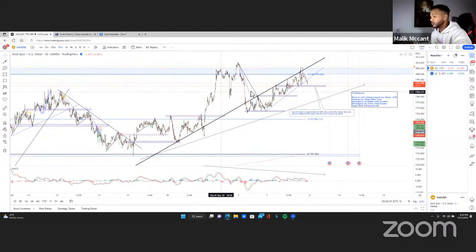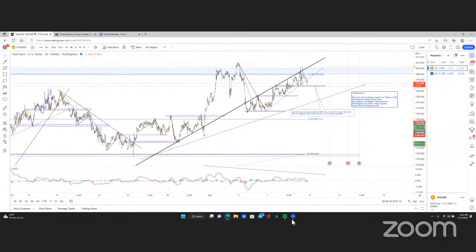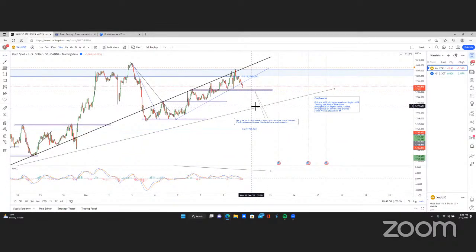Anybody else? I have a question. Go ahead. Would you consider where that structure is going up, I guess that's your main trend line right there, an ascending channel? This right here?